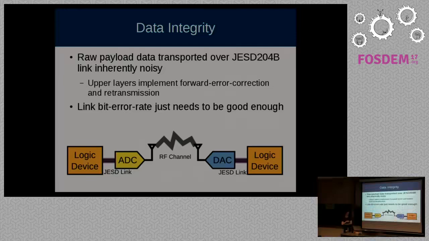You have lots of interference that will flip bits, destroy bits, whatever. So what the JESD link needs to offer is just that it needs to be better than all of this. The bit flips that are introduced at this level need to be below the noise floor of this part, because the upper layers will already know how to deal with certain kinds of errors.